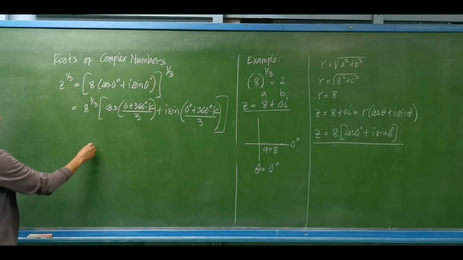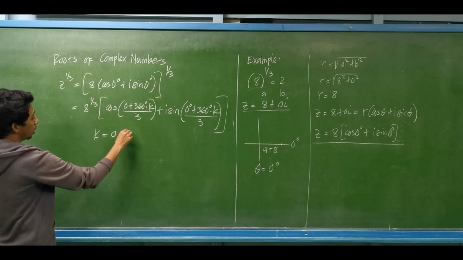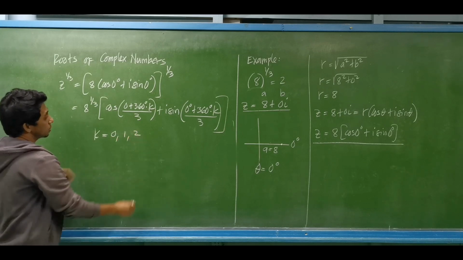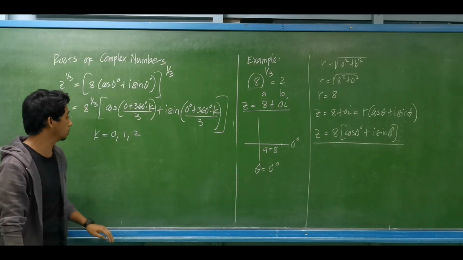We are now to use the values of k equal to 0, 1, and 2, since we are expecting 3 roots, since that is a cube root.